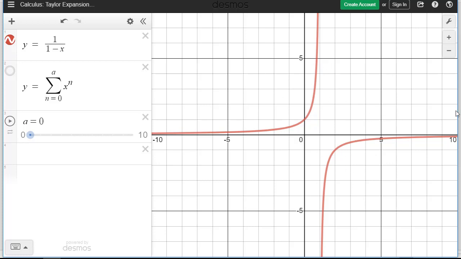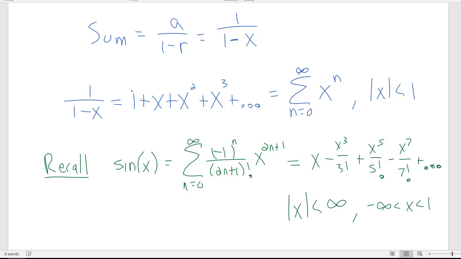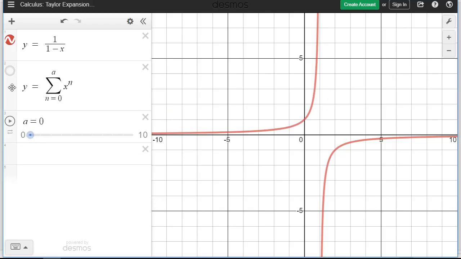Now, just like we talked about with the sine function, if I use the first term in the series, which is 1, this is an approximation to 1 over 1 minus x. And we're going to notice in this case that when I look at just the first term, this is a really bad approximation. Right here at x equals 0, it's a good approximation. Just a little to the right and left of 0, it's okay. But as I move further from 0, it's really bad estimation, really bad error.